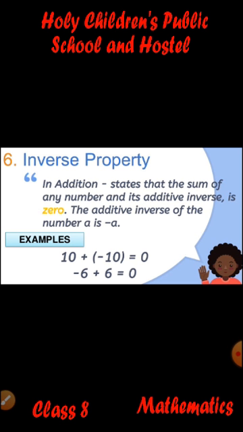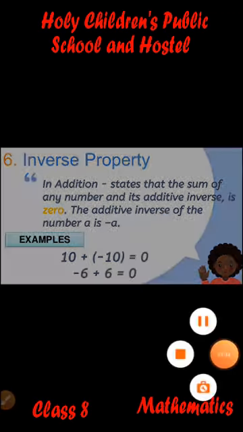The additive inverse is nothing but the same number with the opposite sign. It means the additive inverse of 10 is minus 10, and if we take the example of 6, its additive inverse will be minus 6.